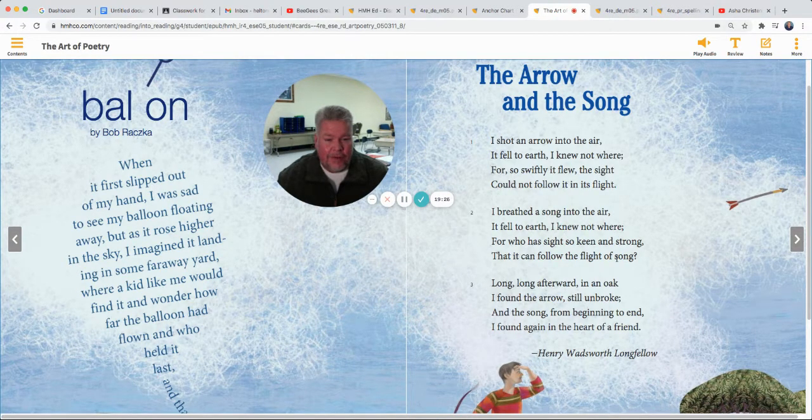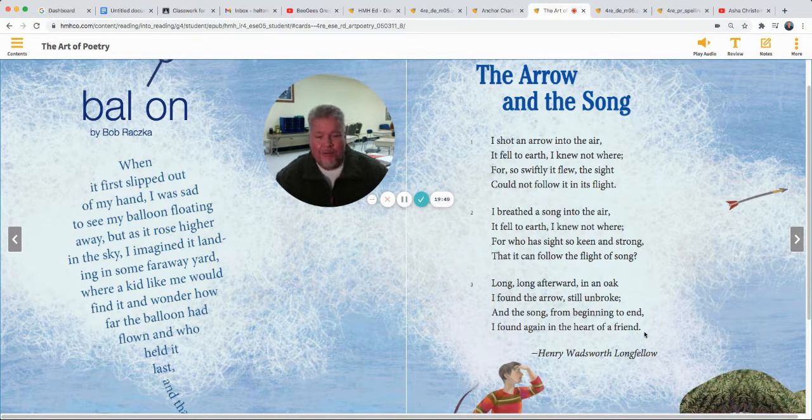Who can follow the flight of a song? Maybe it's a song about his thoughts, his emotions. Long, long afterward in an oak, he found the arrow still unbroke. So maybe many years, many days, long, long afterward, he found his arrow. It got stuck in a tree. It wasn't broken. And he found the song again in the heart of a friend.